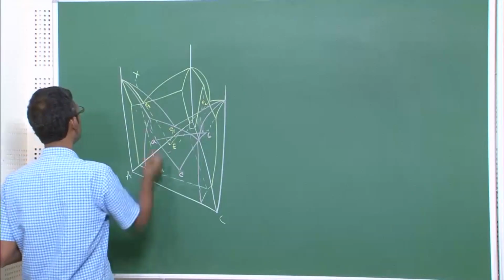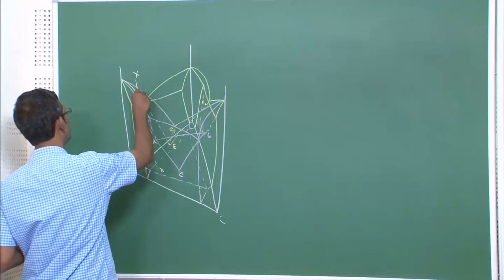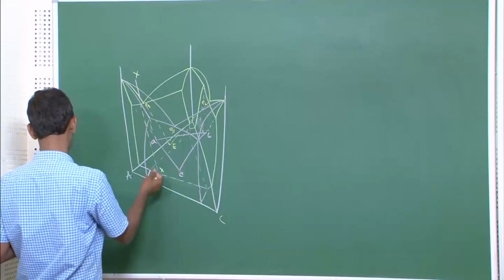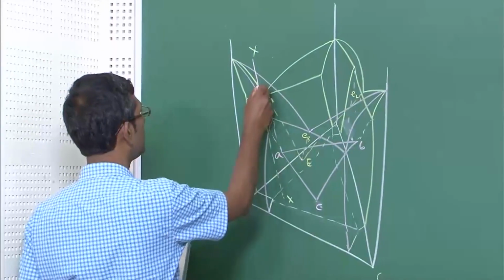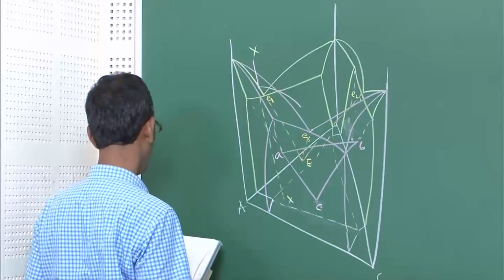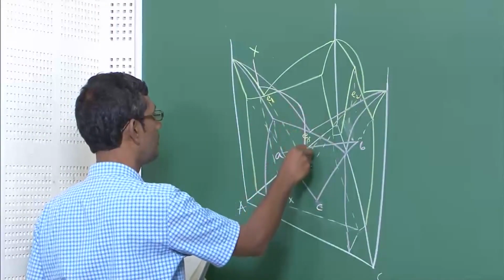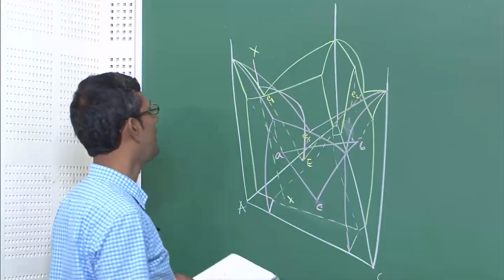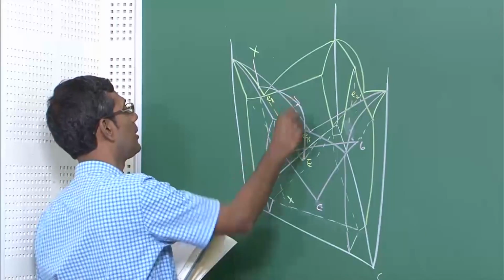So, obviously, as it goes down, it is going to touch the liquid surface here, and from then this is going to follow this route, and solidification will be over like this, correct. What does it mean? This is the track of solidification pathways.